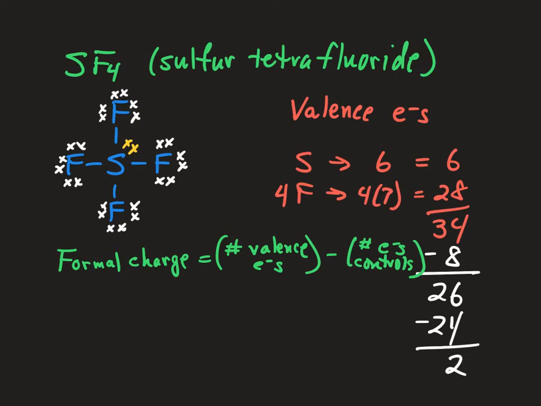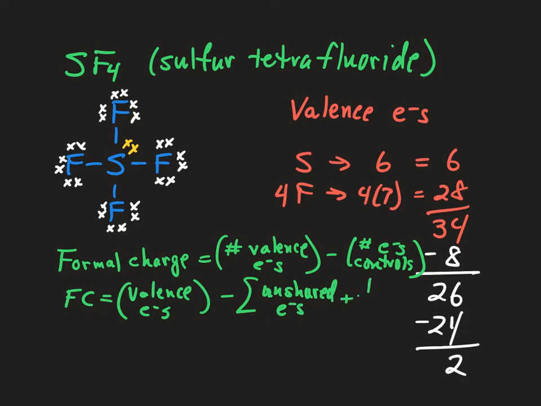So it's going to be equal to the valence electrons minus, and an atom controls all of its unshared electrons and half its bonding electrons.